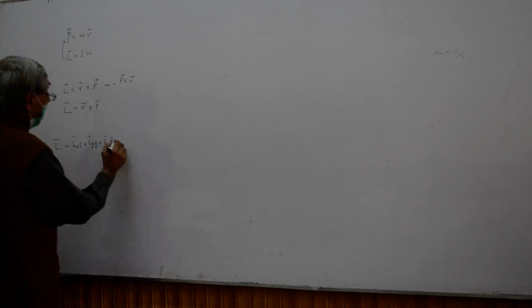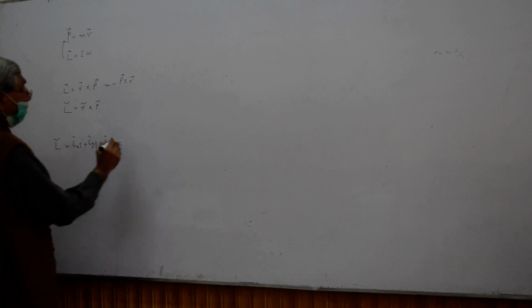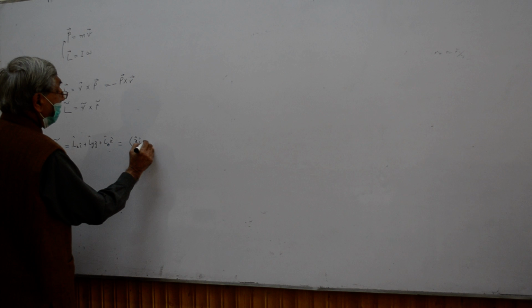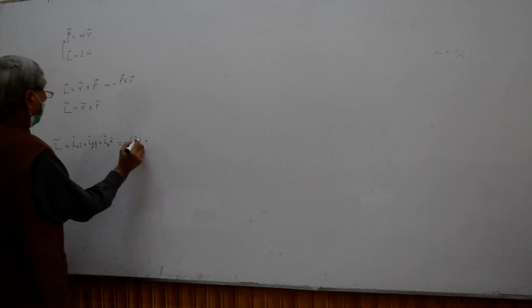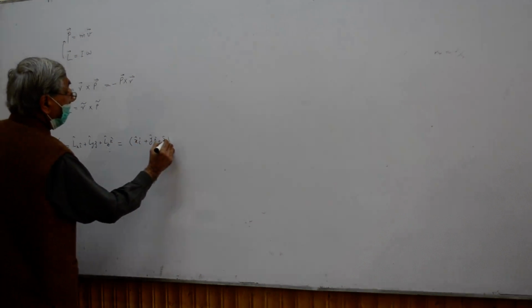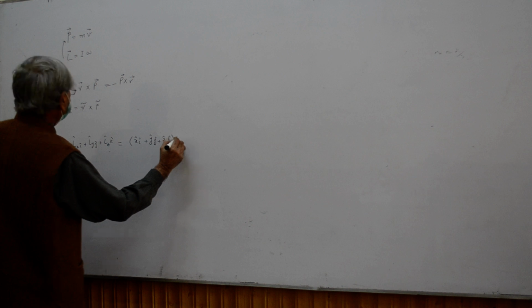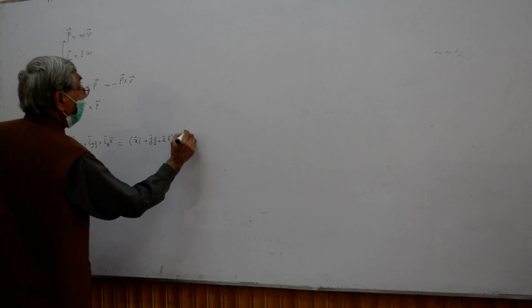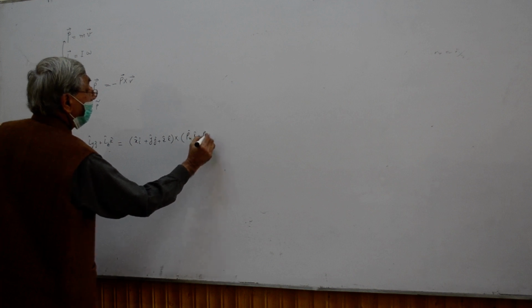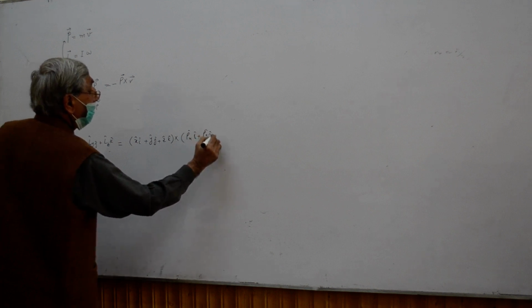Okay, so remember that is the three components, and that is equal to xi plus, this is for the unit vector, okay, plus yj, and that is for the operator, plus zk, cross pxi plus pyj plus pzk.